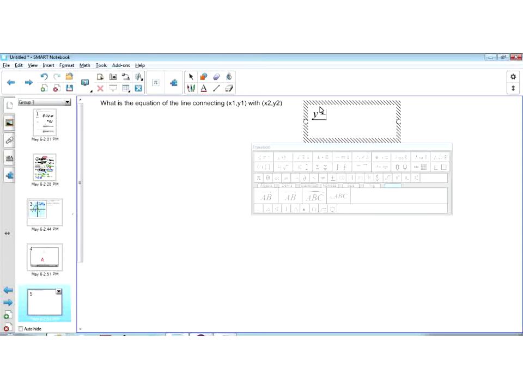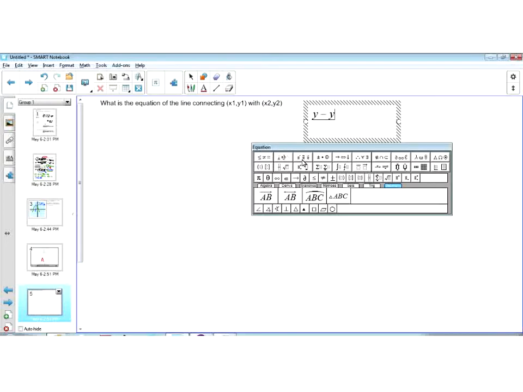Okay, so using the point slope formula, we have y minus y sub 1 is equal to, oops, that should be 1, right? Oh, strange. Is equal to m times x minus x sub 1.